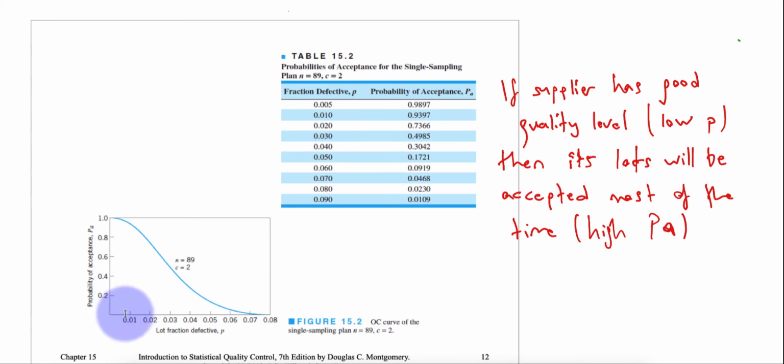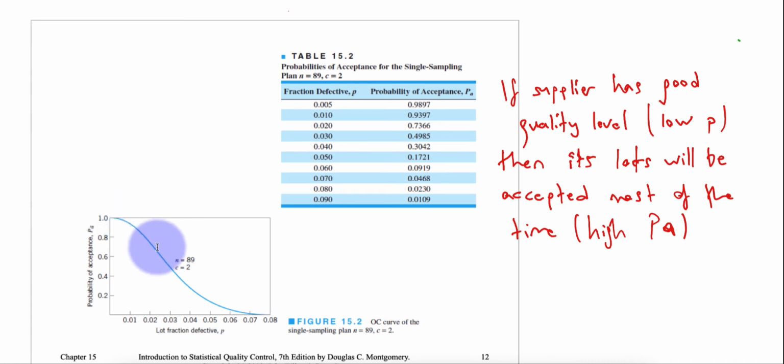But also, even if the lot fraction defective is low here, for example, it means that the lots are good, you will reject some of them, right? Because there is a probability here. Even if the probability of acceptance is high, you will reject some lots, even if they are good.